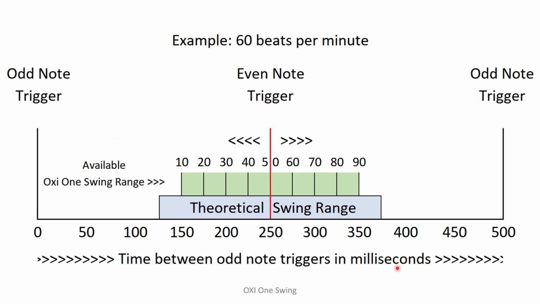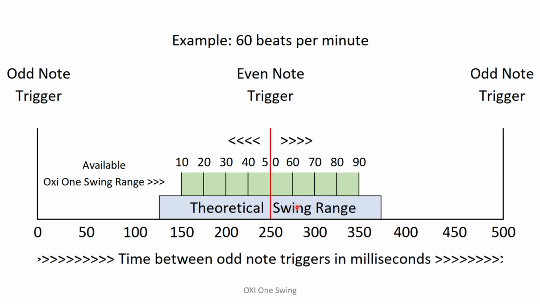It depends on the tempo. Let's look at the example of a sequencer set to 60 beats per minute. There are 500 milliseconds between consecutive odd note triggers. At the default swing value of 50, where the red line is now, even notes will trigger 250 milliseconds after the previous odd note trigger.